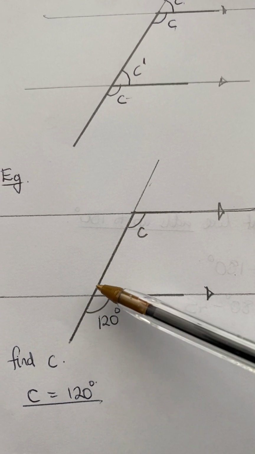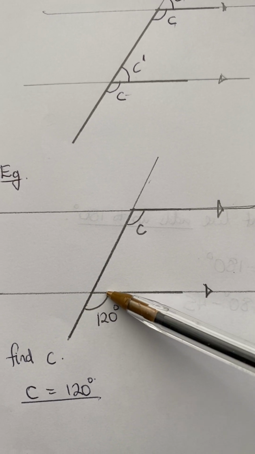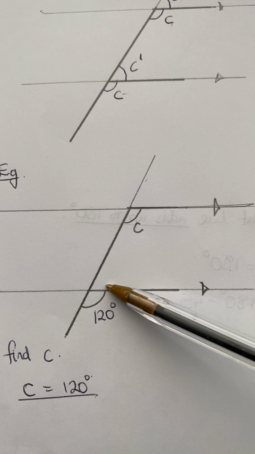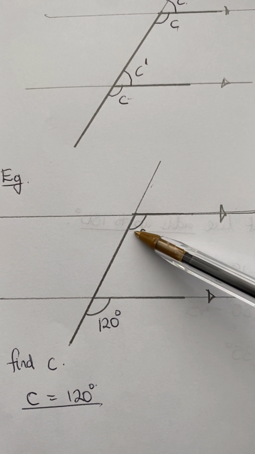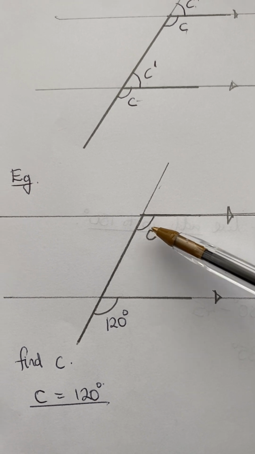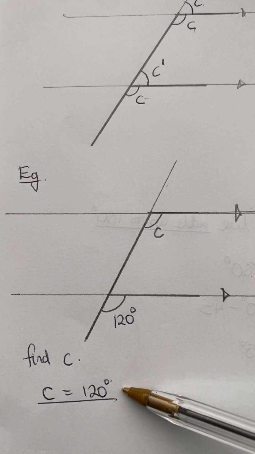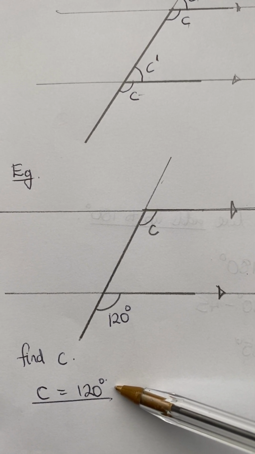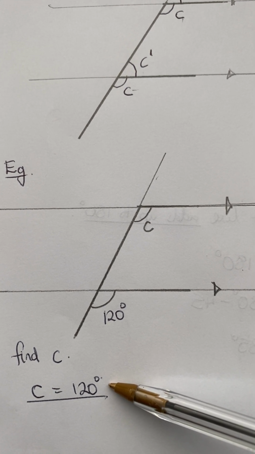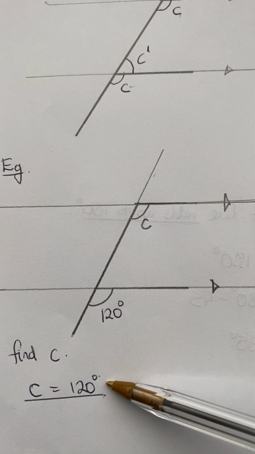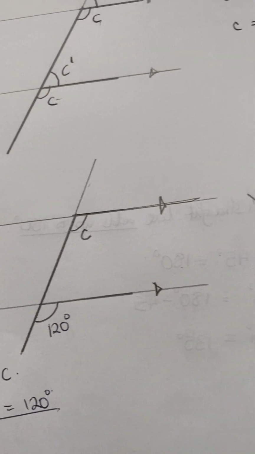That is the shape of the F. So I know this angle here, which is 120. So straight away this angle C is 120. That is why, to find C, C is 120 degrees. So today we are looking for the shape F, which is corresponding angles.